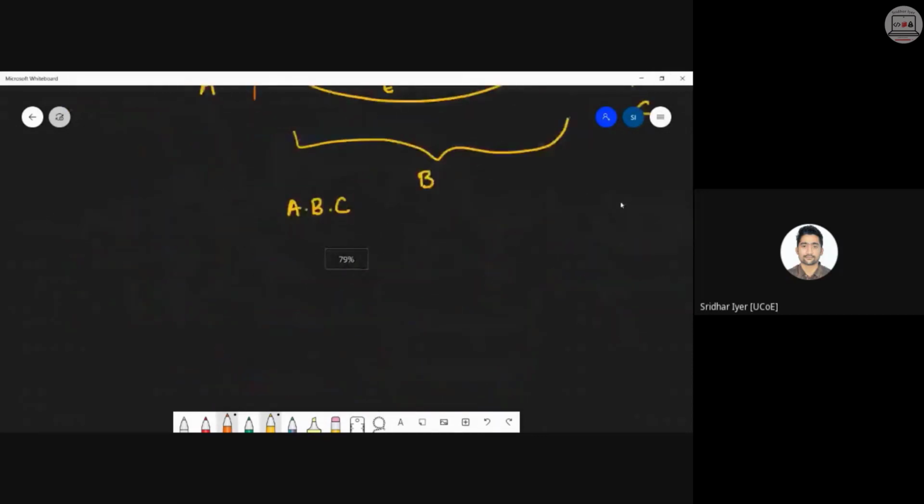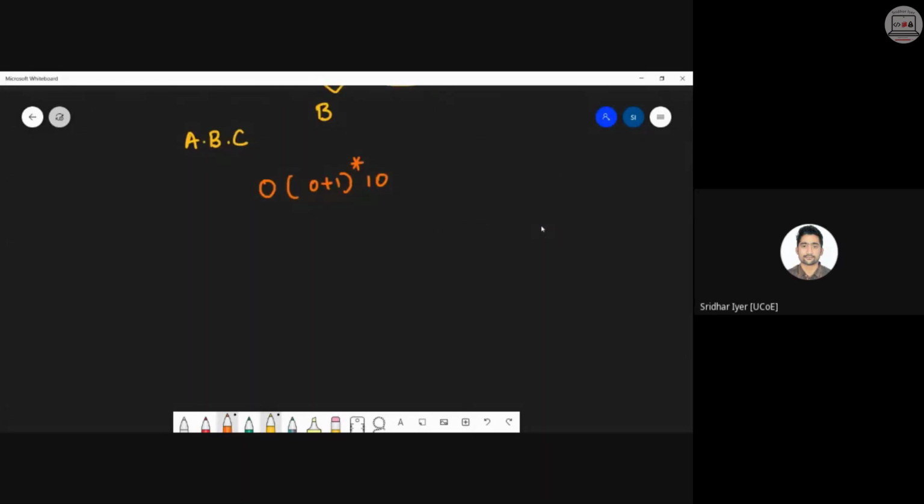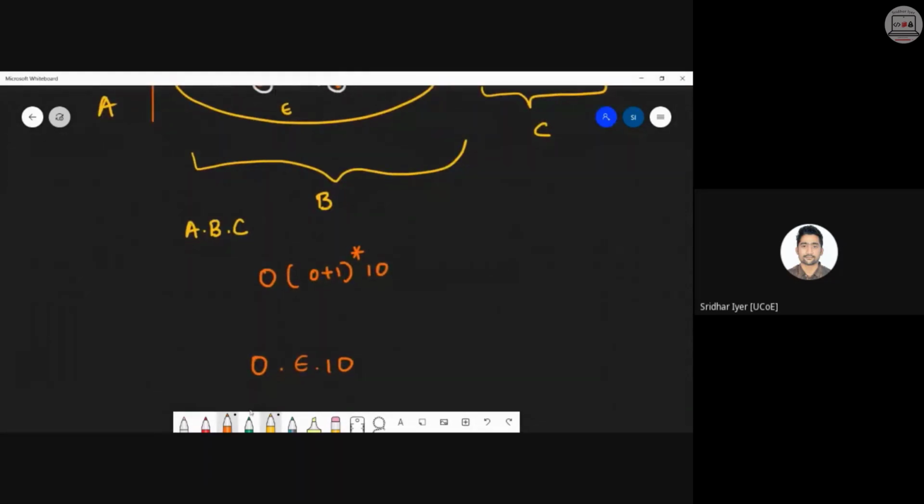Okay, let me give you an example. The question was something like this: 0 will definitely come, followed by (0 plus 1) closure, then 1 0. This is your question, right? So an example could be like this also: 0 dot epsilon dot 1 0. This is also accepted, right? So we need to construct the machine in such a way that even this string is accepted.